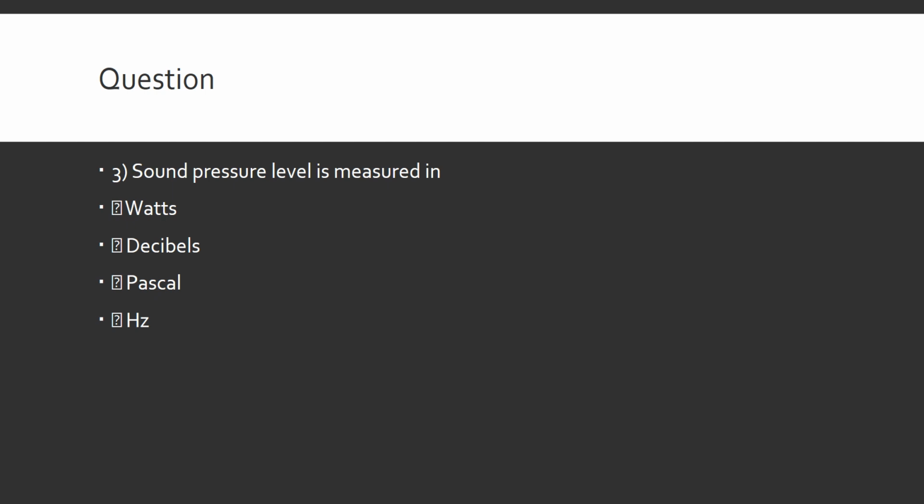In this question, it is asked in what unit the sound pressure level is measured. Sound pressure level is measured in decibels, as we discussed. But sound pressure is measured in Pascal. Sound power is measured in watts. And hertz is the unit of frequency.